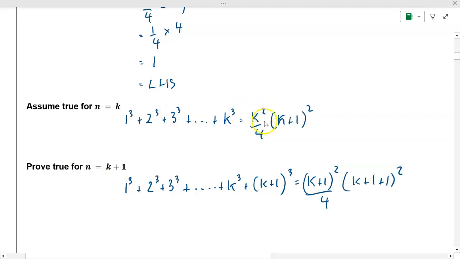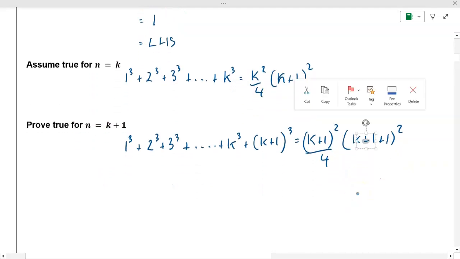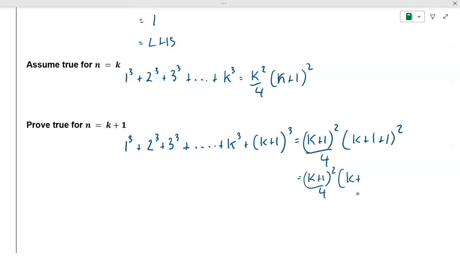So where there was a k in here, I pop in k plus 1. There's already a plus 1, so I'm going to end up with a plus 2 in that bracket. So I'll just fix that up. I've got k plus 1 squared all over 4 times k plus 2 squared. So what I'm proving is that this left-hand side here is equal to this right-hand side.